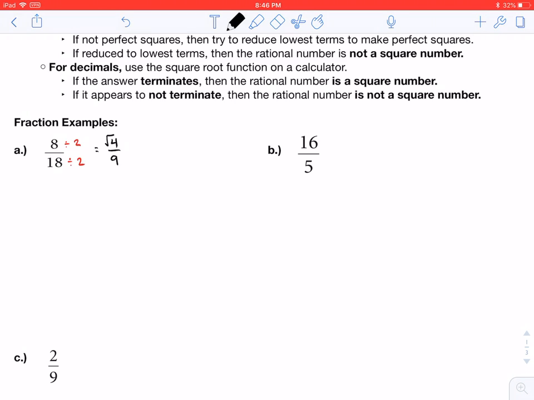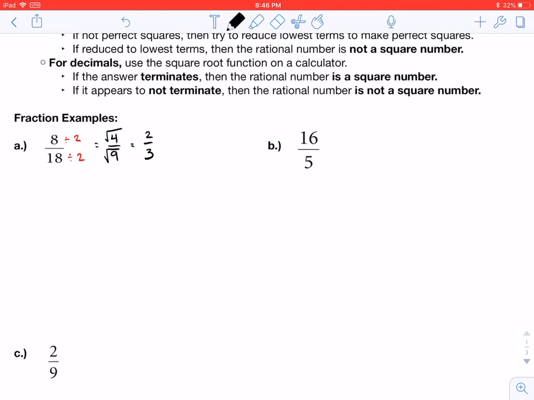And to make sure, I'm going to take the square root of both. It's going to get me 2 over 3. And to just confirm my answer, for something to be a perfect square means you can multiply two numbers together to get your original answer.